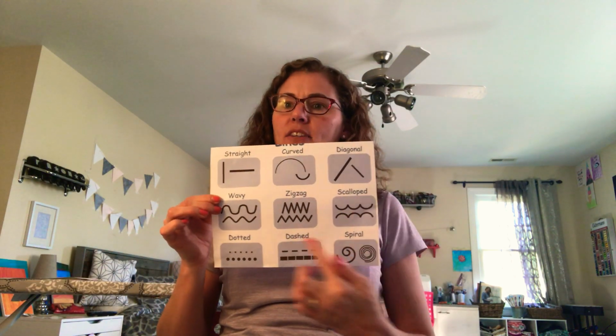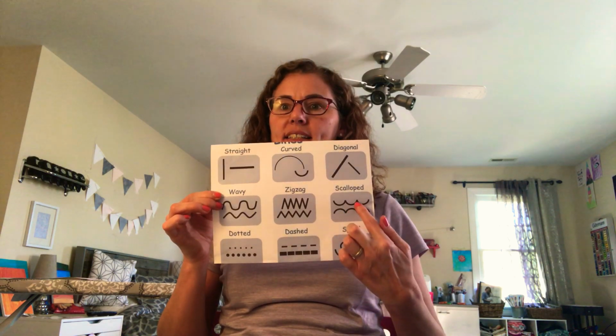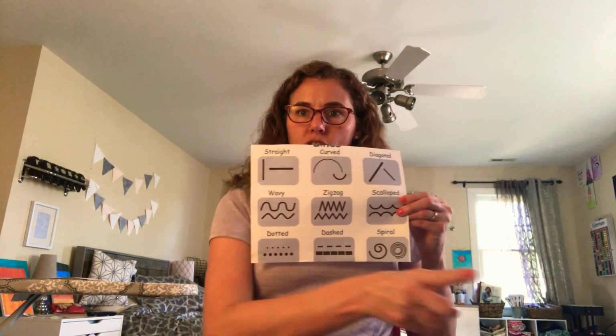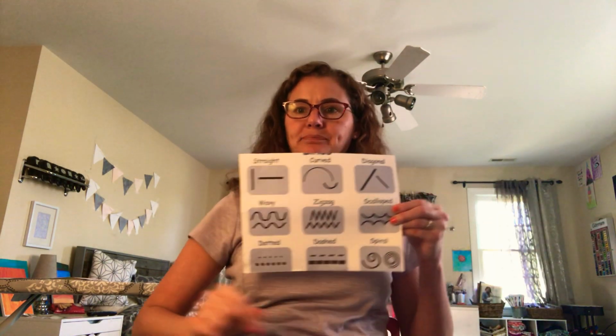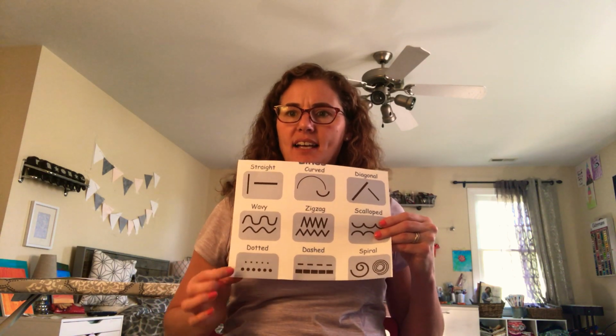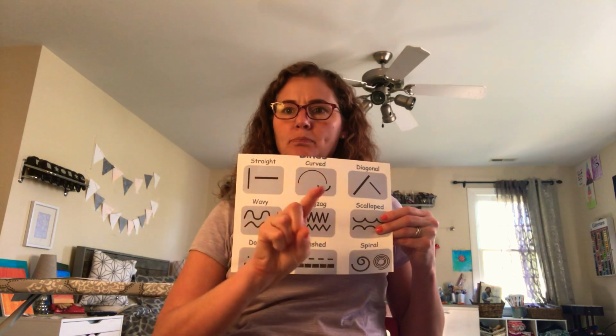A scallop line looks like a wavy line, but it has little points like this. You ready? That's a scallop line.